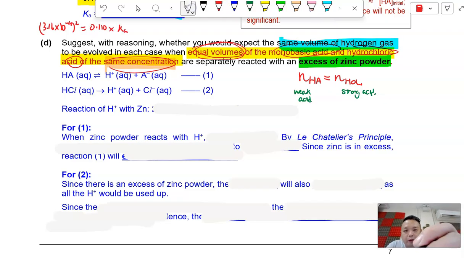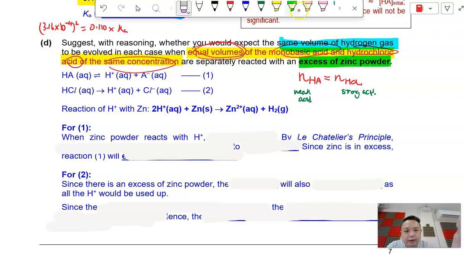If you recall from your O-level work, acid and metal will form hydrogen gas. Essentially you can view it as a redox reaction.